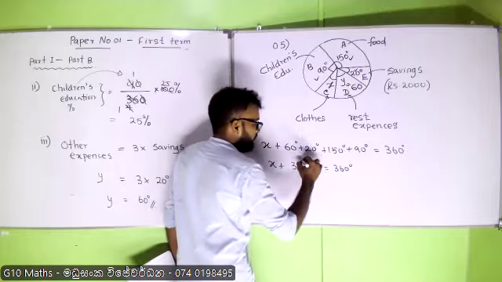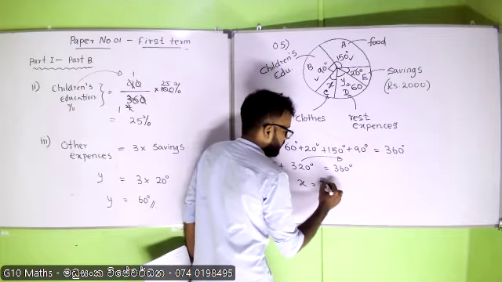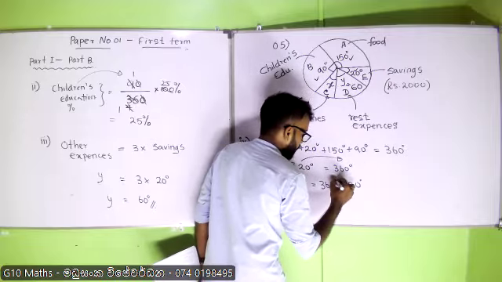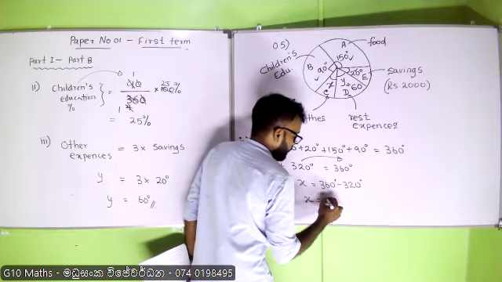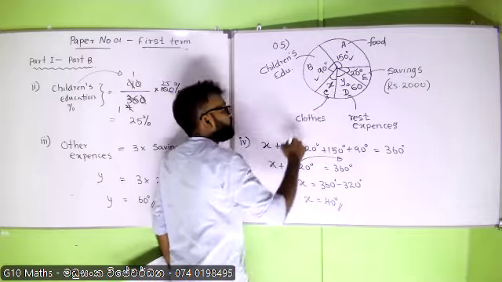So x can be found by taking this 320 to the other side. Then 360 minus 320. So x is equal to 40 degrees.